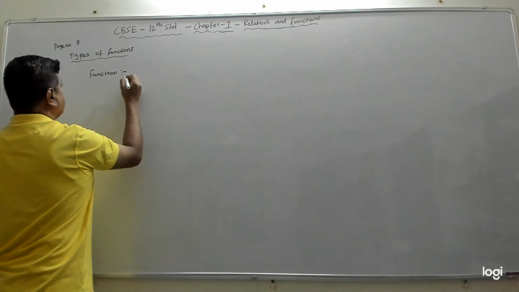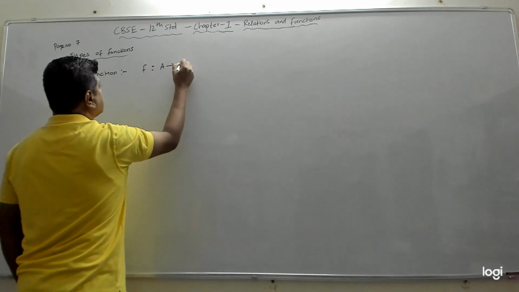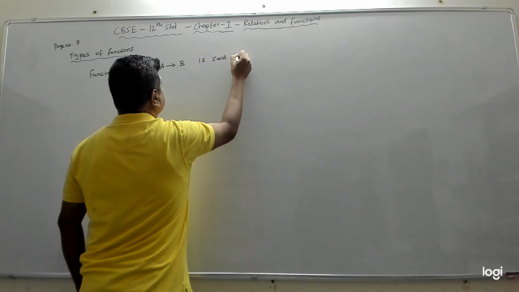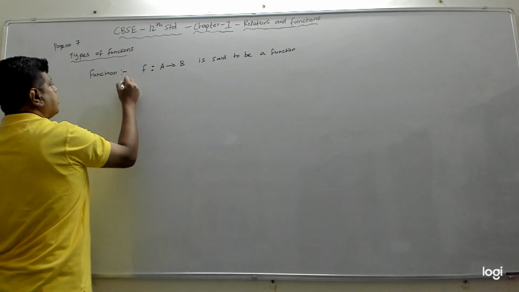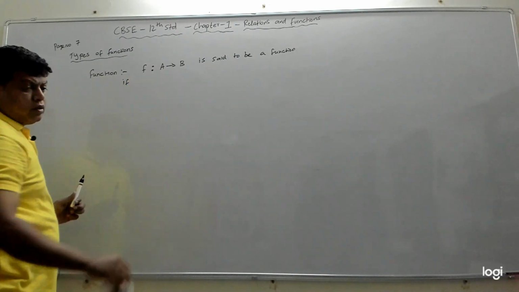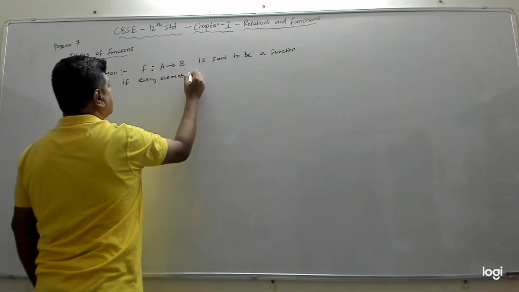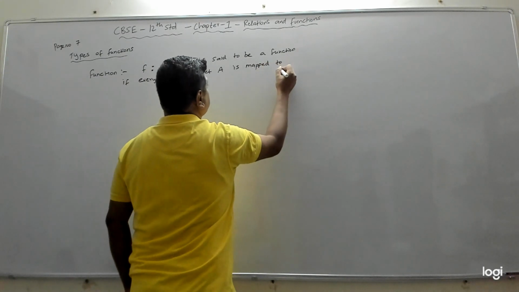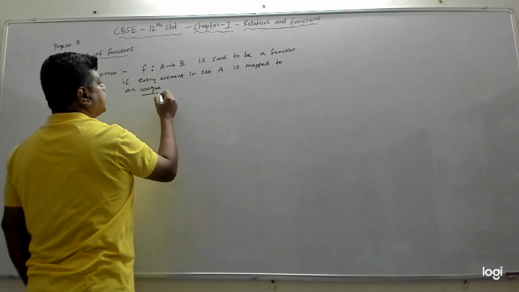So the definition of the function is: f from set A to set B is said to be a function if every element in set A is mapped to a unique element in set B. This word is very important.